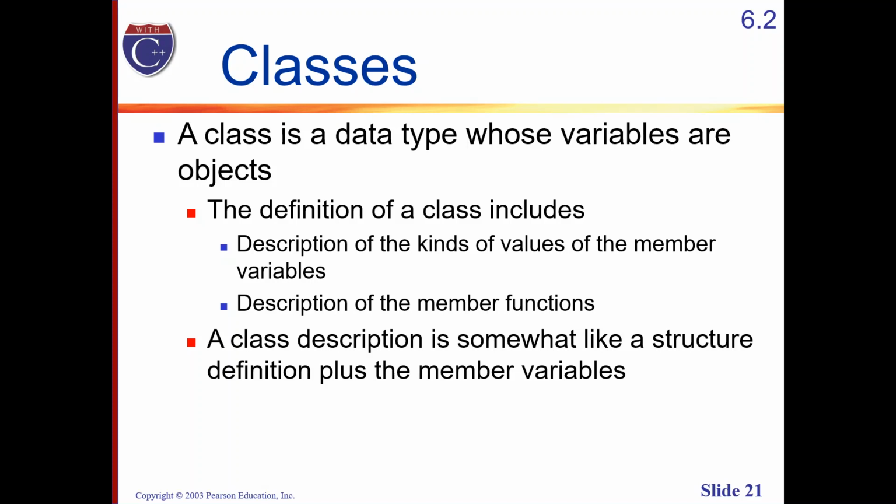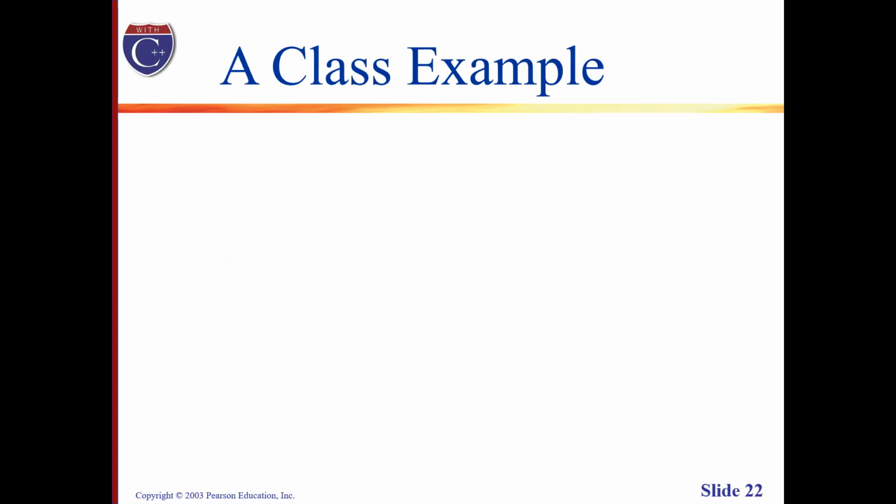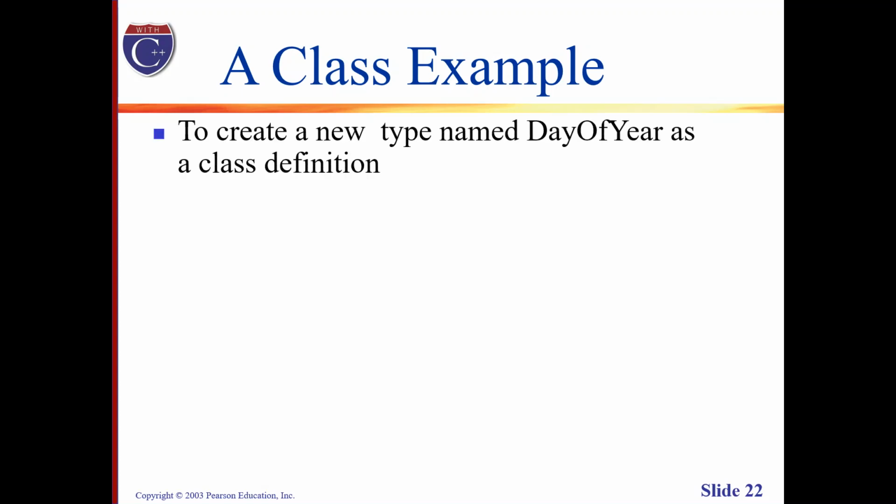A dog can walk, bark, eat, sleep, and some other things that a dog can do. In the concept of objects, those are what we call its properties and methods, or in this case, member variables and member functions.